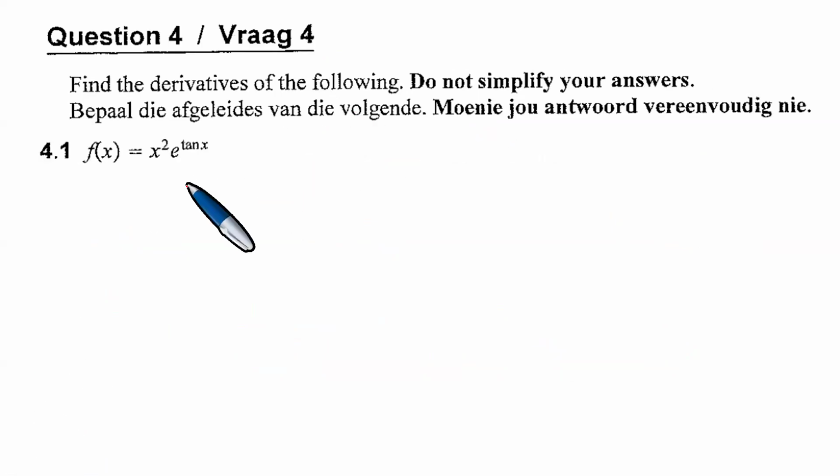Okay, find the derivatives of the following. f(1), which is x squared e to the power 10x. So this one, obviously being a product, we use what you call the product rule.